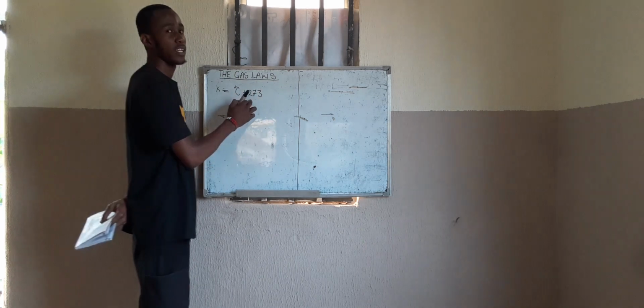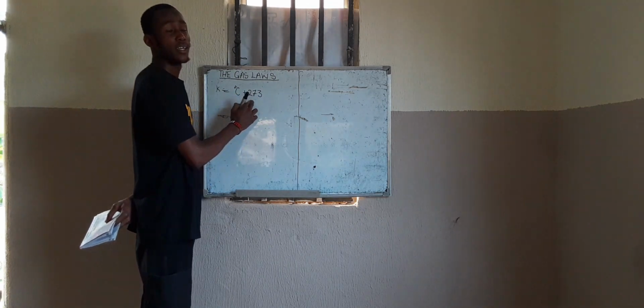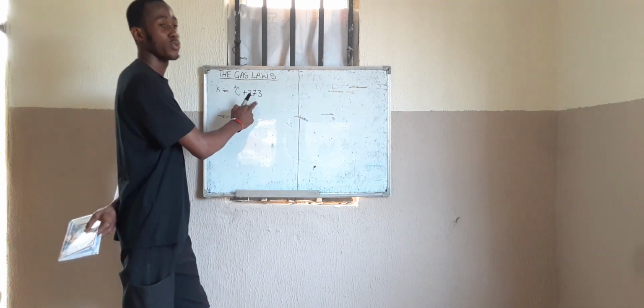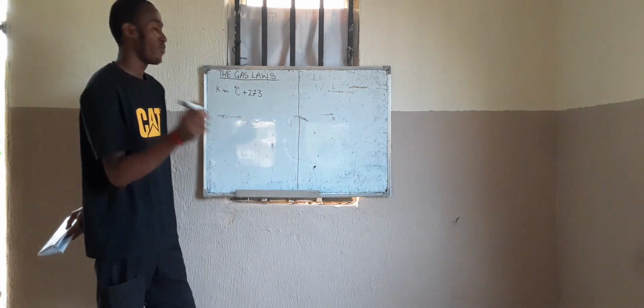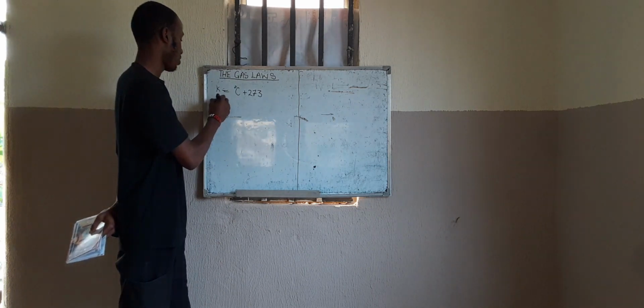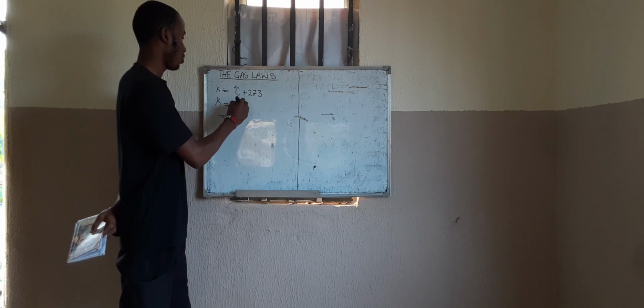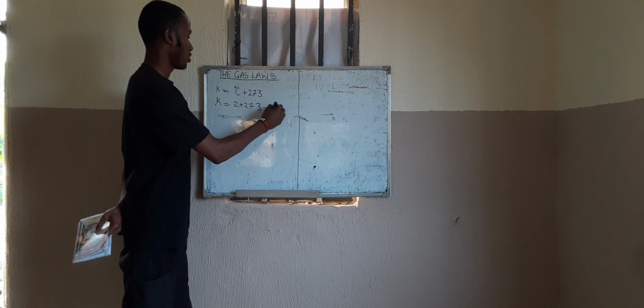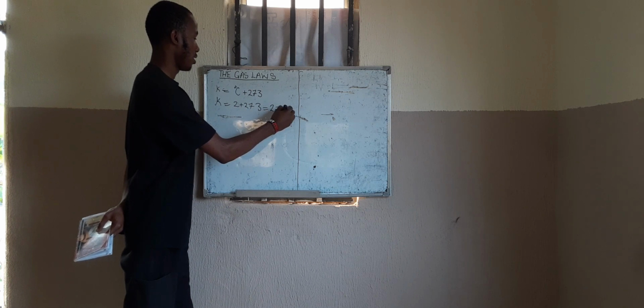This 273 is a constant. It is the standard temperature. So let's say we should convert 2 degrees Celsius to Kelvin. We will have Kelvin equals 2 plus 273, which is 275 K.